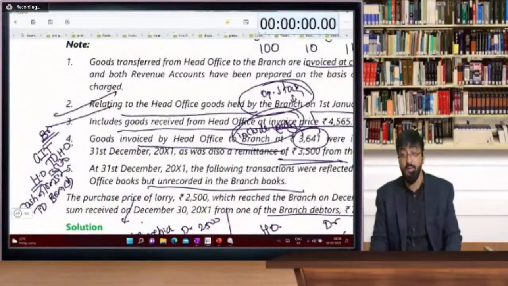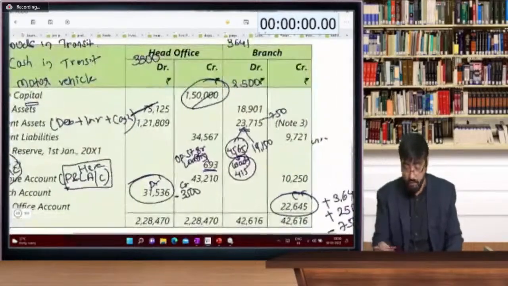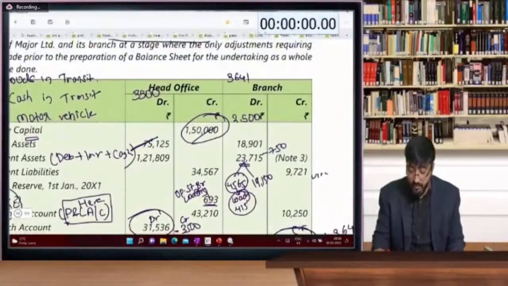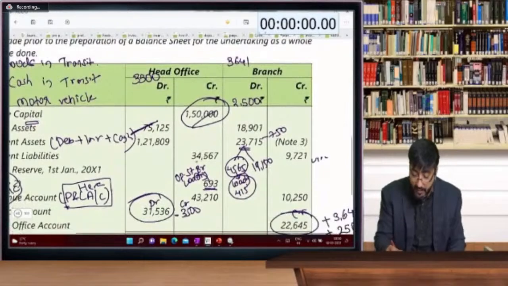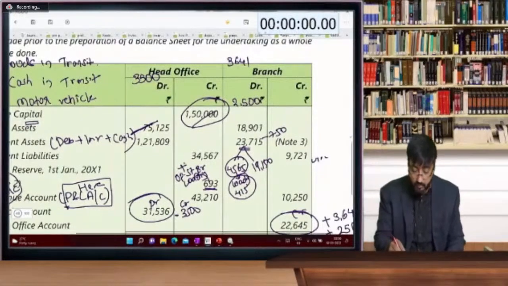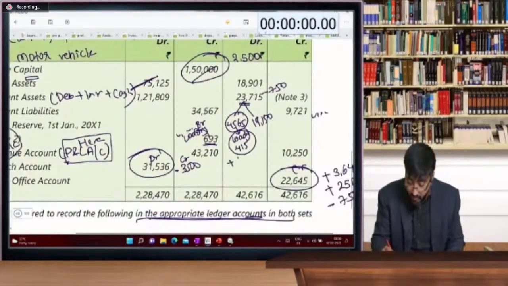Beta, very high level concept. So now what is the loading in this 3641? Who will cancel this loading? Now you have two loadings. Loading number 2.